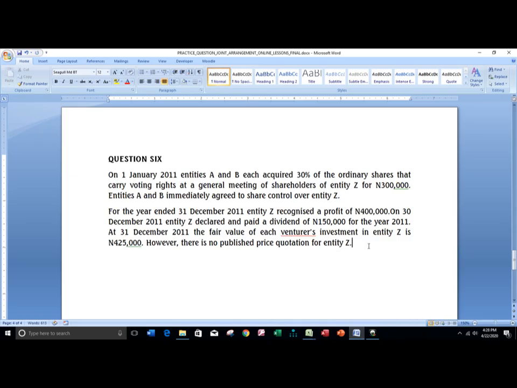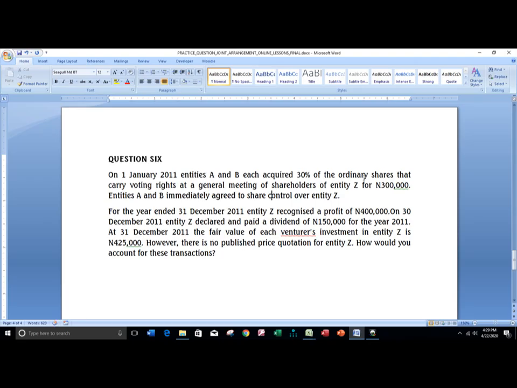So how do we recognize it? How would you account for these transactions as required?